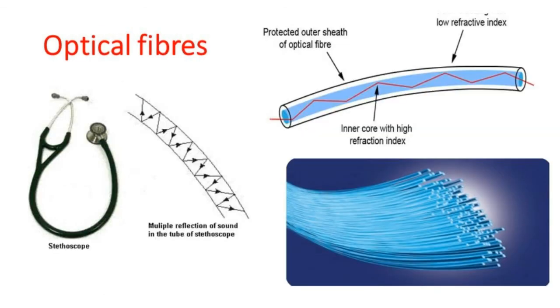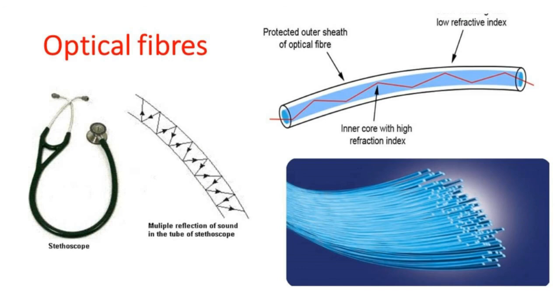Optical fibers. Optical fibers are bundles of high quality composite glass quartz fibers. Each fiber consists of a core and cladding. The refractive index of the material of the core is higher than that of cladding.